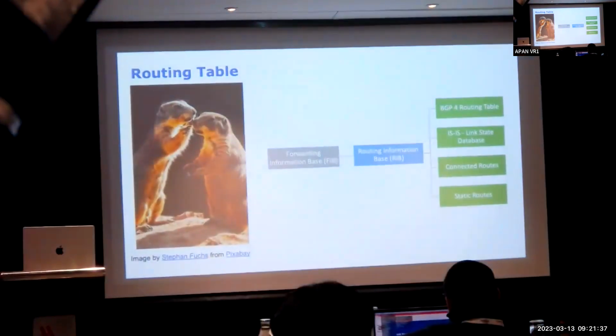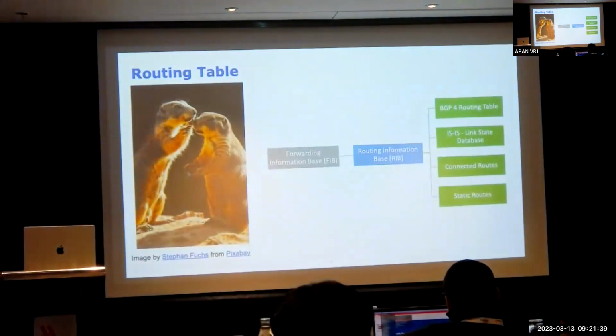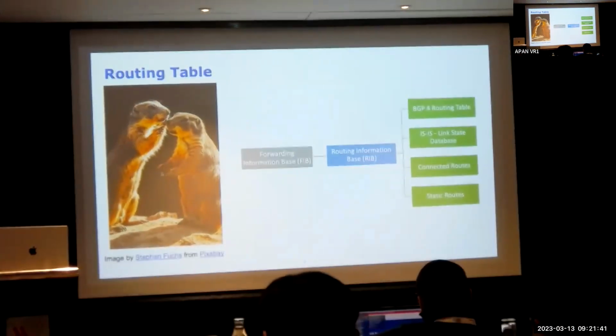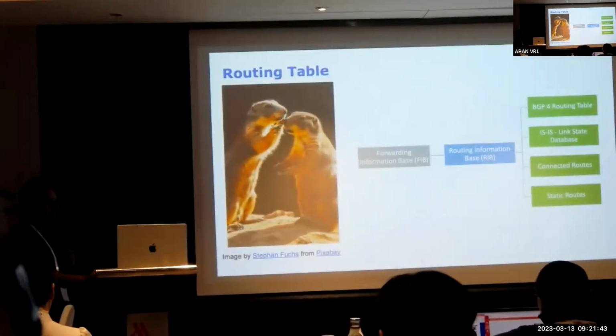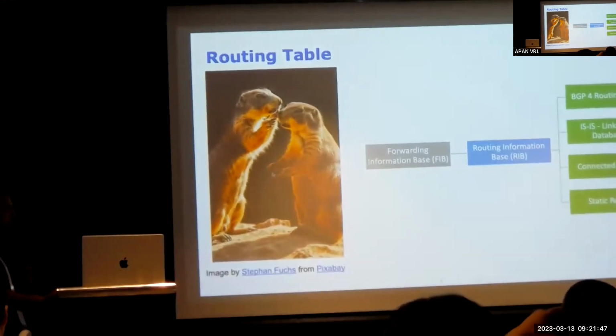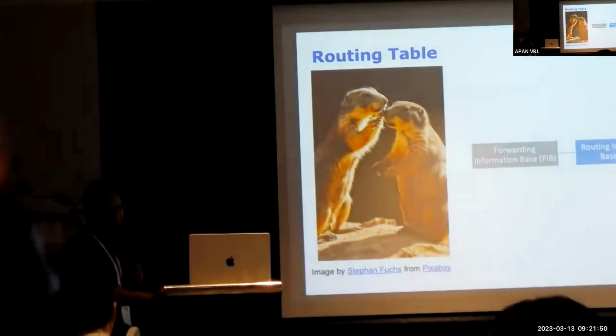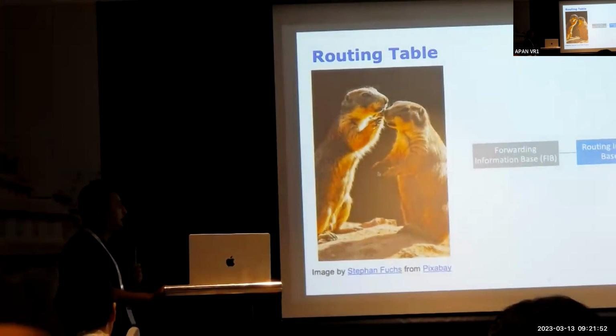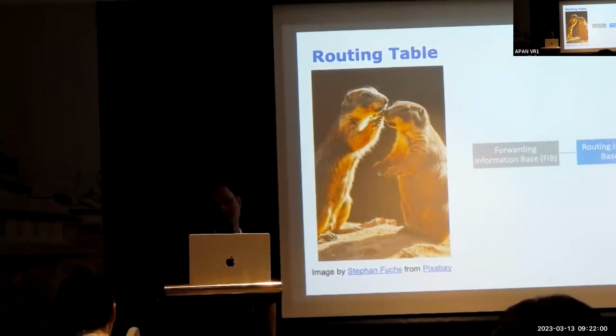All the routes from BGP or the IGP, or connected routes or static routes, go into your routing information base, right? But not all of the routes collected on the router are the best. Whatever is the best path is kept in the forwarding information base. So all the best paths go into the forwarding information base.